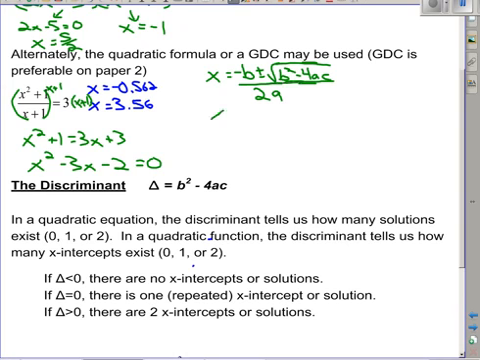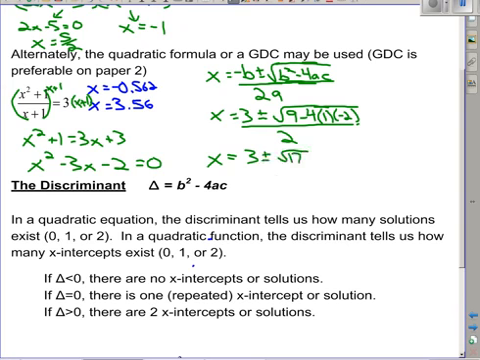Now put in our values. So negative b would be 3, plus or minus the square root of b squared, that's 9, minus 4 times 1 times negative 2, all over 2 times 1. Gives us solutions of 3 plus or minus the square root of 17, over 2. It's great. We don't have to simplify that because it's prime.